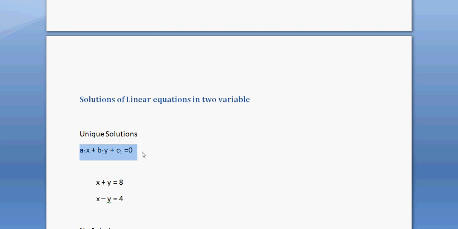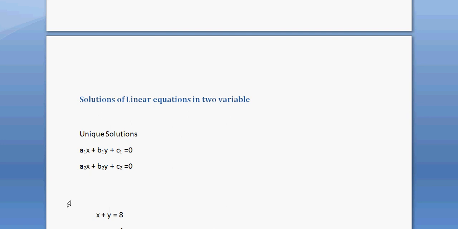Similarly, if we have another equation, let's say a2, b2 and c2, right?